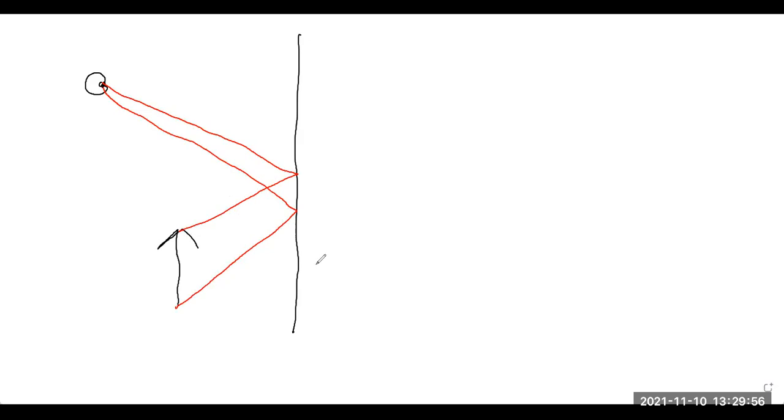And it seems like the light doesn't bounce. We often imagine that light travels in straight lines. From the eye, it seems like the light actually came from over here.